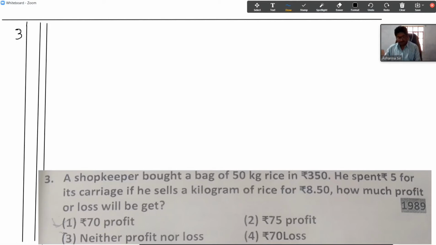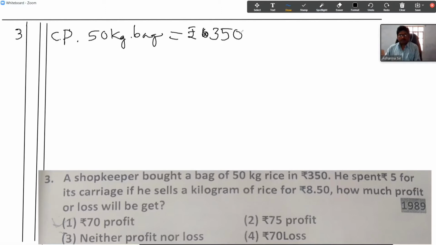Shopkeeper bought, cost price of 50 kg bag is equal to 350 rupees.